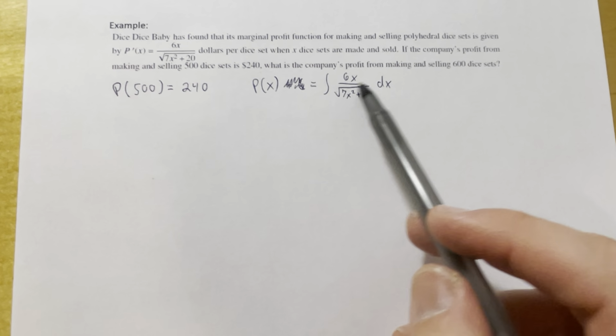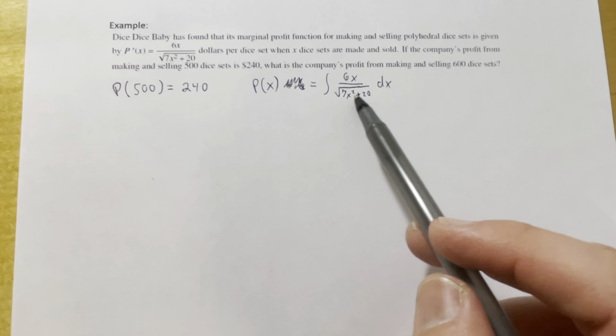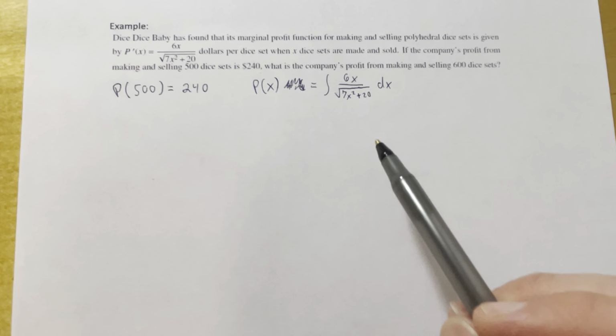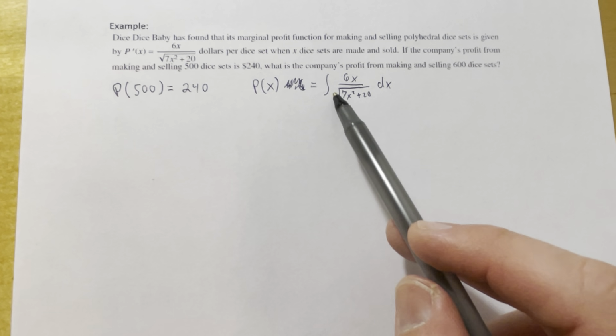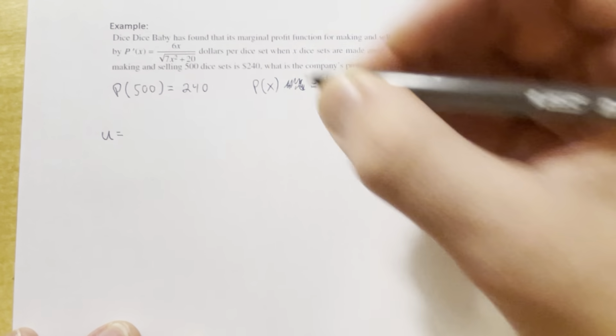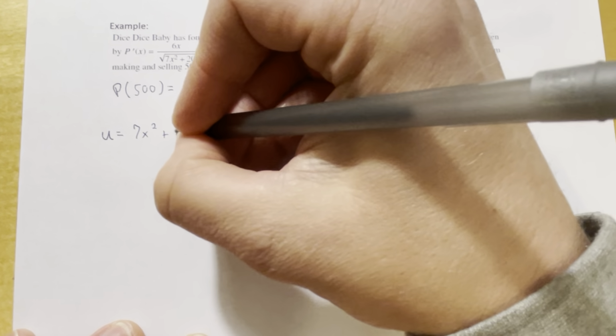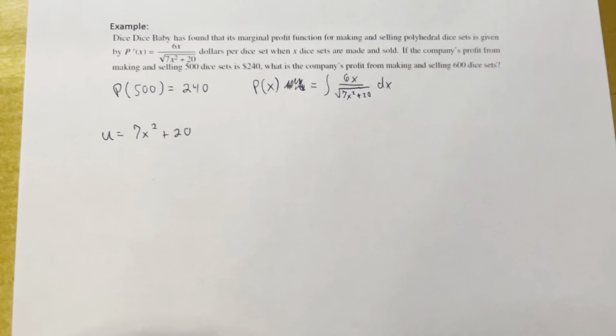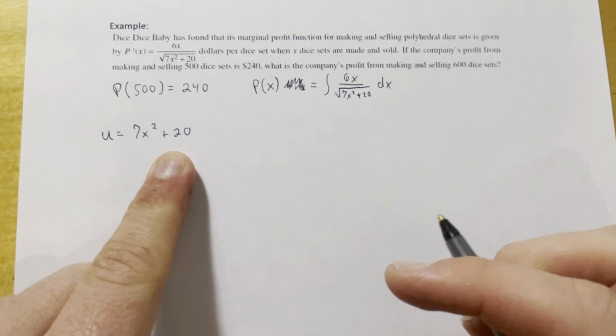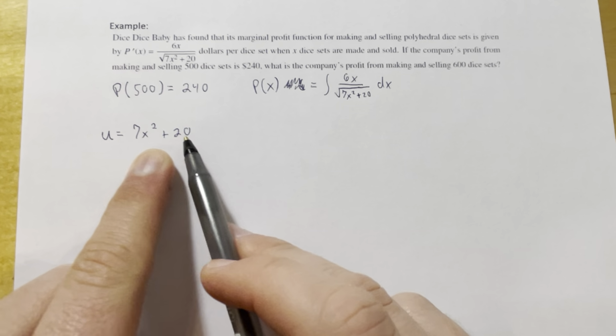I see a square root function with another function sitting inside of it, 7x squared plus 20. Because that is inside the radical, that is my clue that I should be setting u equal to that thing. u is equal to 7x squared plus 20.